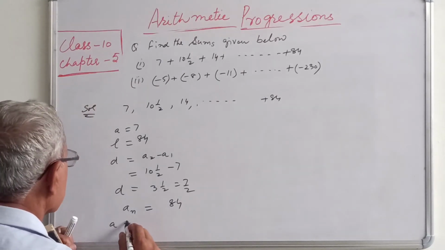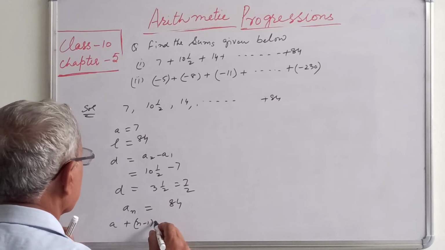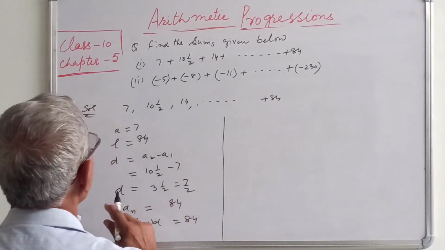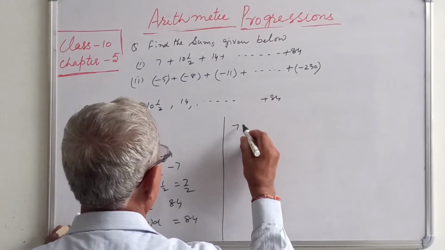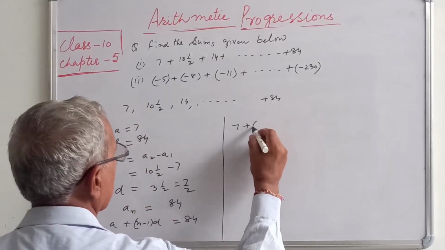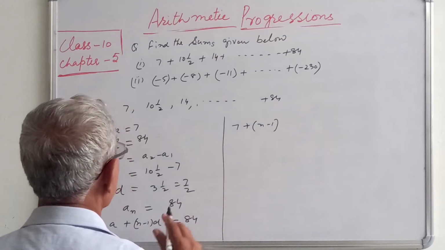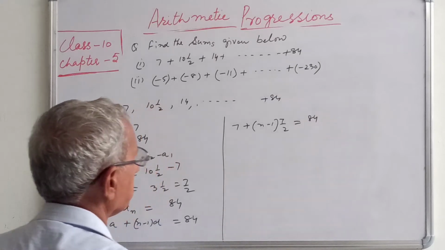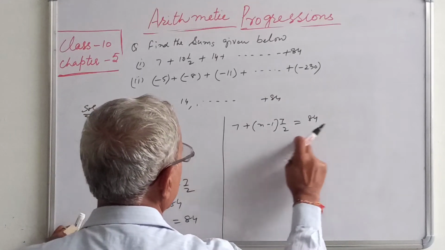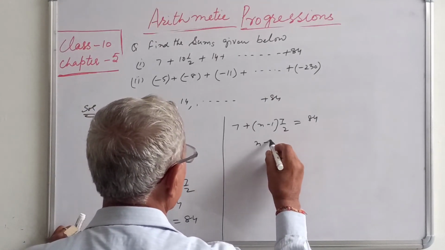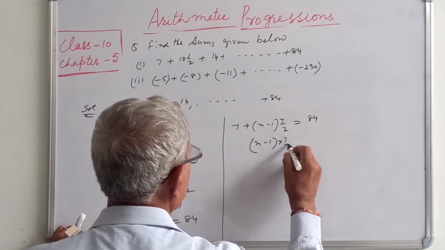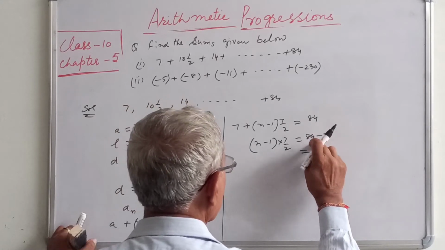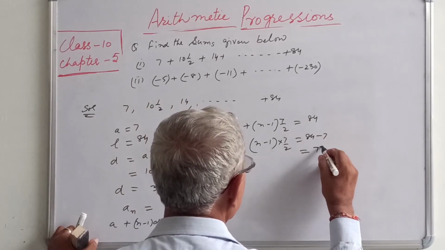So A plus n minus 1 into D is equal to 84. A is 7 plus n minus 1 into D, 7 upon 2, is equal to 84. So 7 को इस साइड में किया तो n minus 1 into 7 upon 2, 84 minus 7, तो आ गया 77.